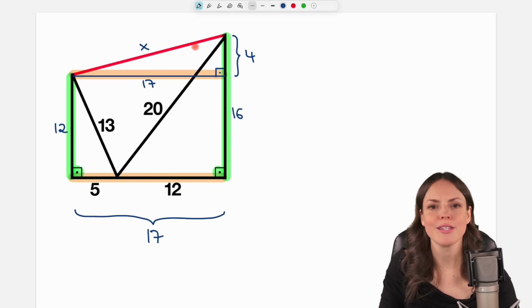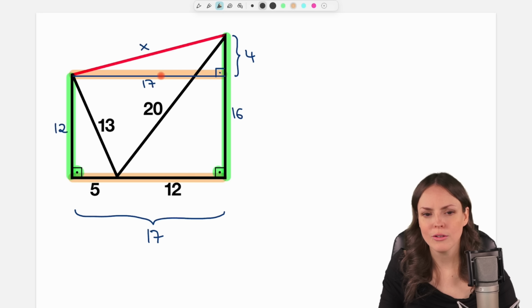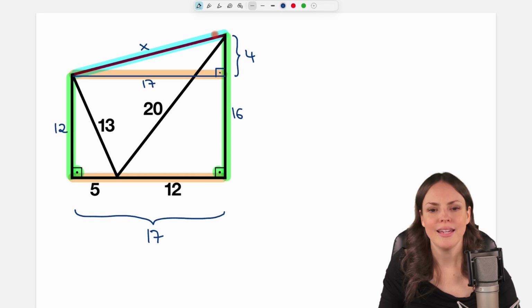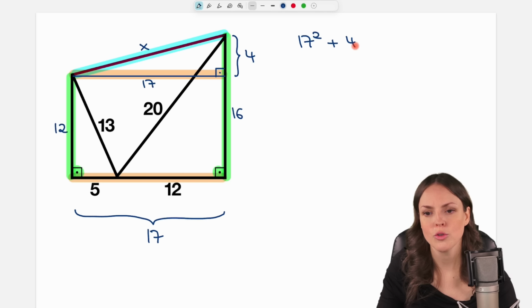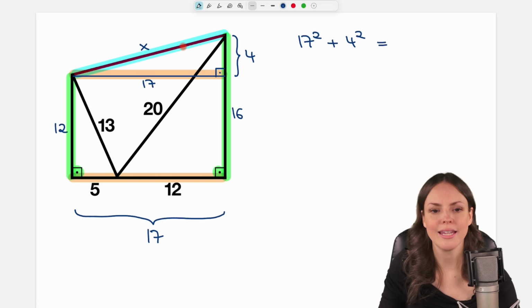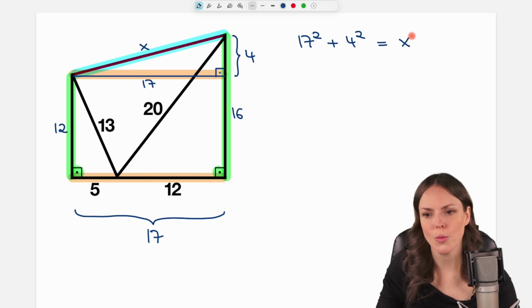For this, we first have to find the hypotenuse again across our right angle. I used the color green already, I used the color orange here already, so maybe let's highlight the hypotenuse in blue this time. And the Pythagorean theorem then says, take one of the sides, so the 17, and square it, plus the other side and square it, and then you get the hypotenuse squared.